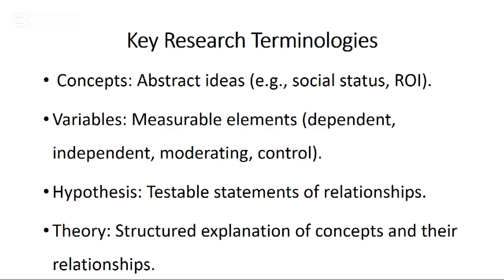So the alternative directional hypothesis specifies the nature of the relationship between the variables, and this relationship may be positive or negative. On the other hand, the non-directional hypothesis simply states that there exists a relationship between the variables without qualifying the nature of the relationship.